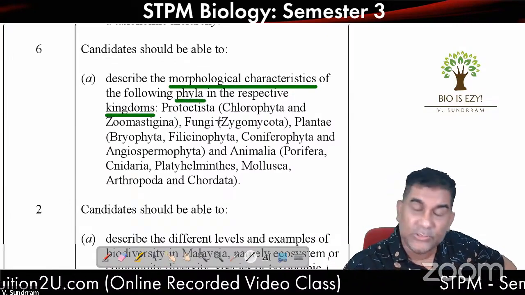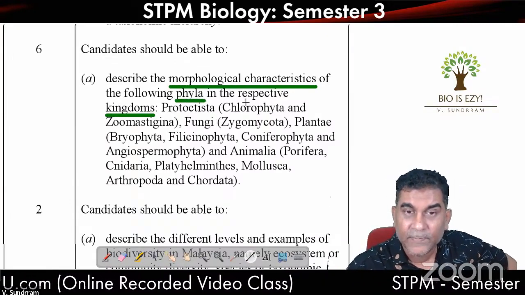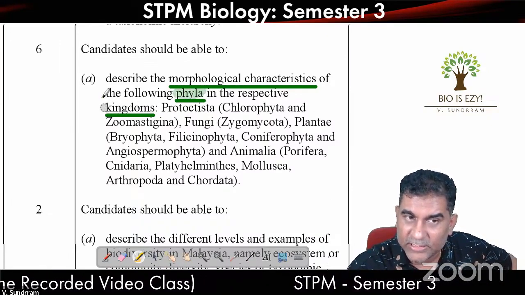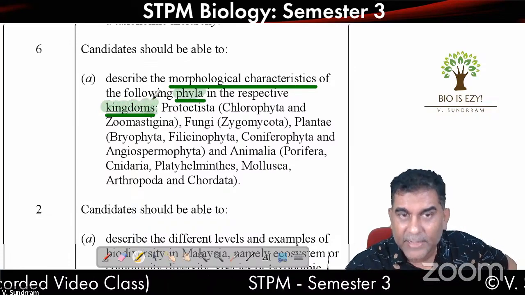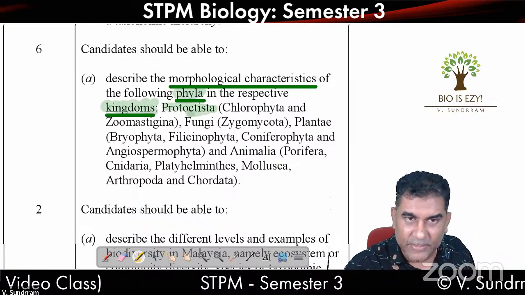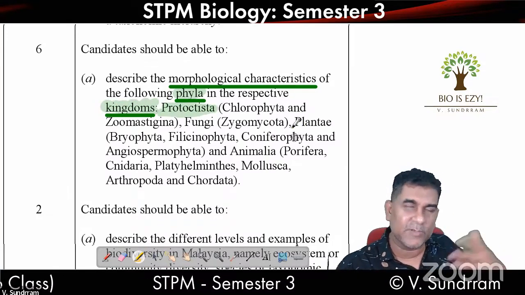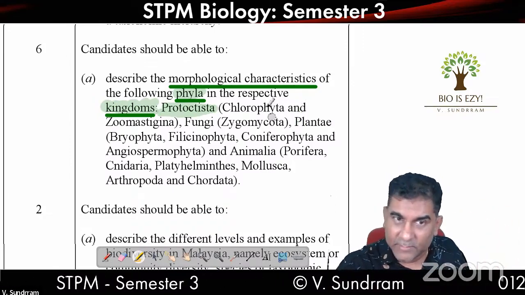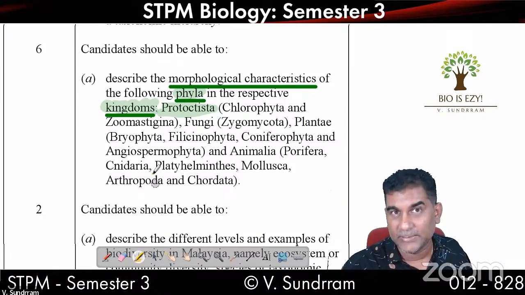Phyla means phylum. Singular is phylum, plural is phyla. So actually they want the phylum explanation, they don't want the kingdom explanation. But since the name of the kingdom is mentioned in the syllabus, just to be on the safe side, we describe the kingdom. After we describe the kingdom, we describe the phylum in the kingdom.